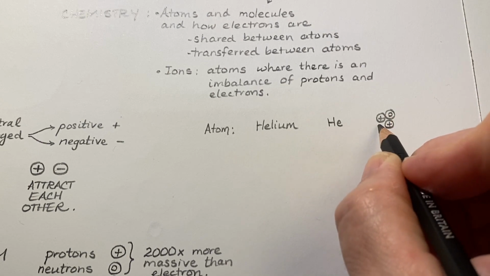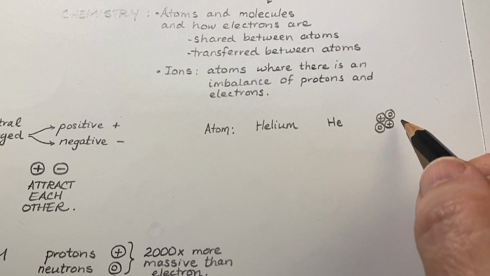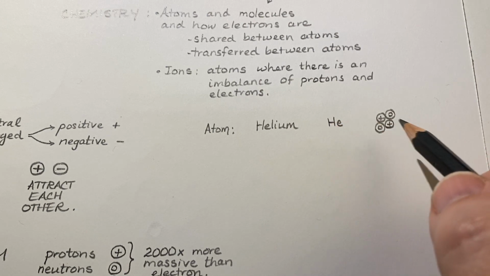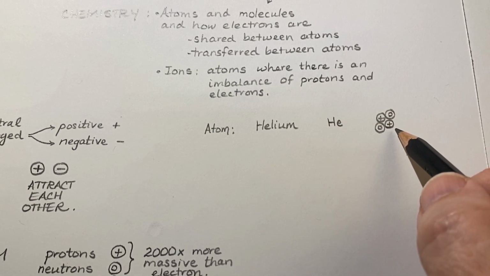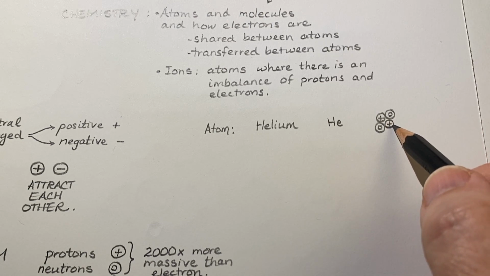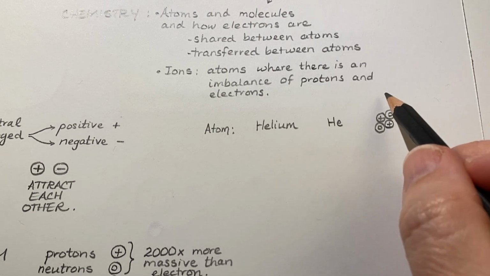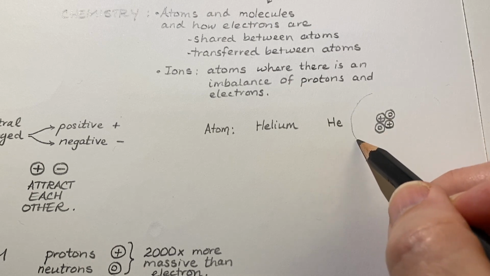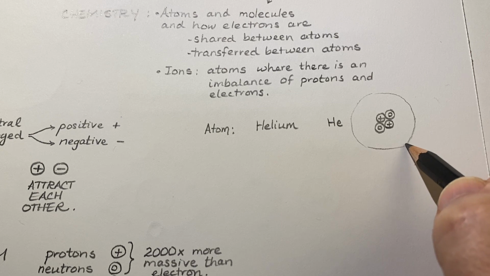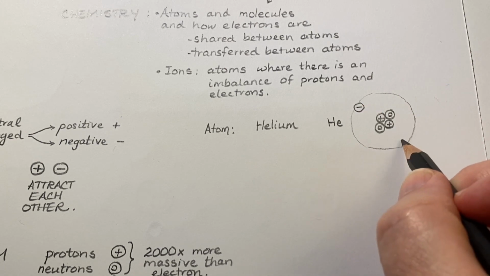It's very common for helium. So a neutral helium atom, you would expect, has how many electrons then? There's 2 positive charges. To balance out the 2 positive charges, we would expect out here in the periphery there will be 2 electrons.